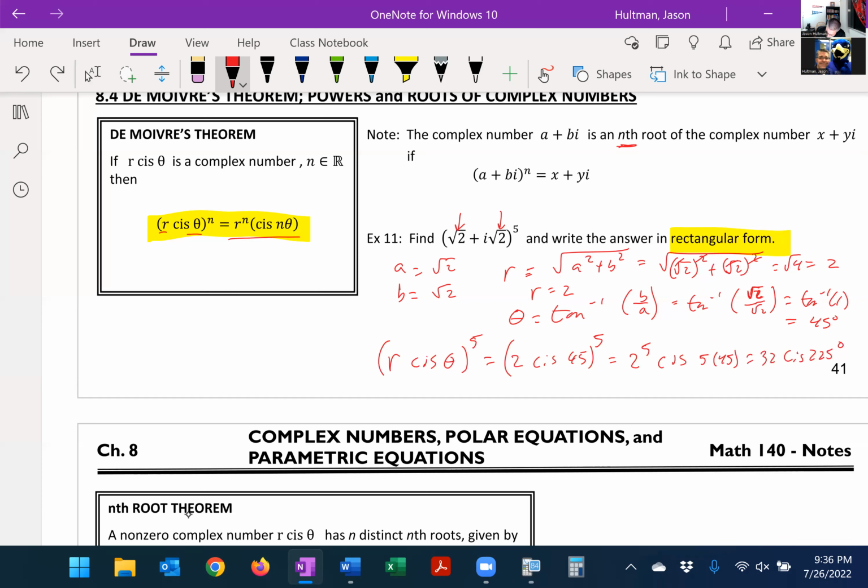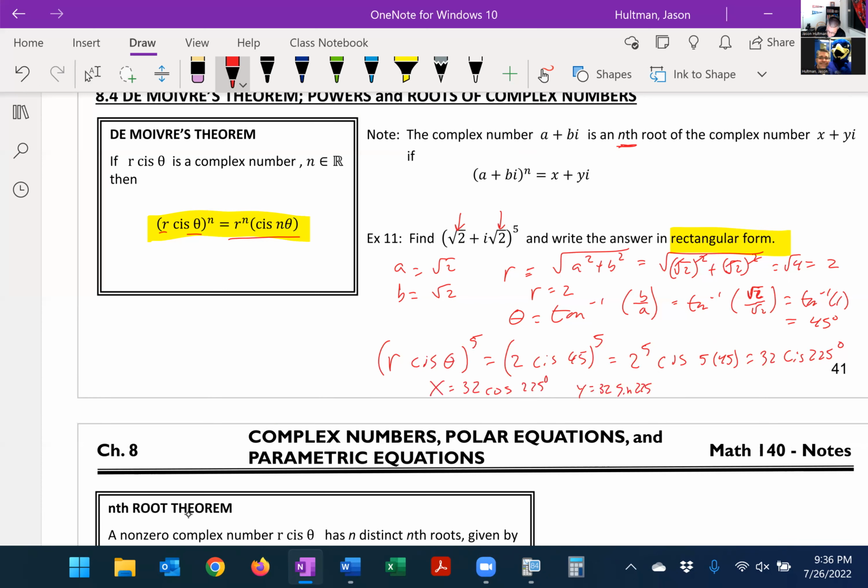Okay, so x is going to be equal to 32 times the cos of 225, and y is going to be equal to 32 times the sine of 225. Okay, the cosine of 225 is radical 2 over 2. Sorry, negative, because this is in quadrant 3, right? So 225 is in quadrant 3.